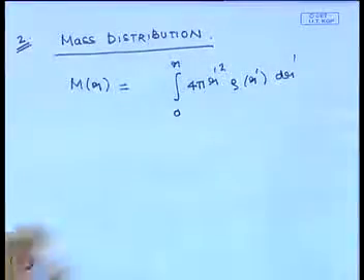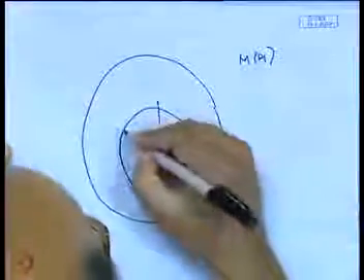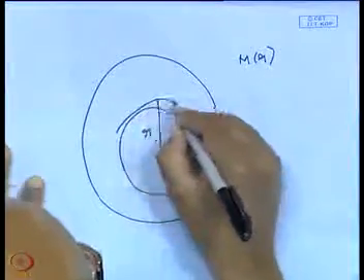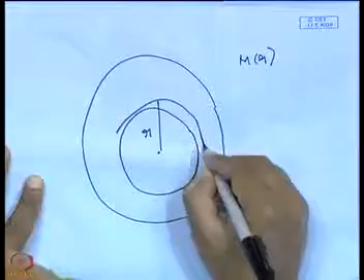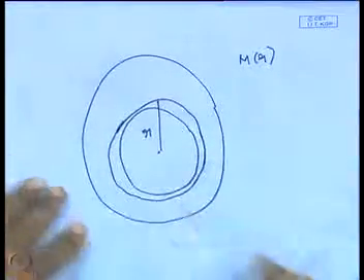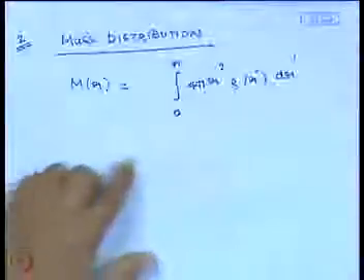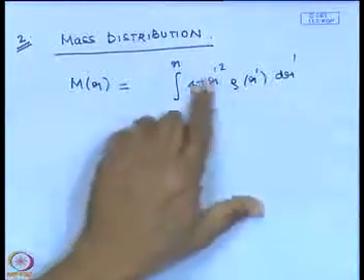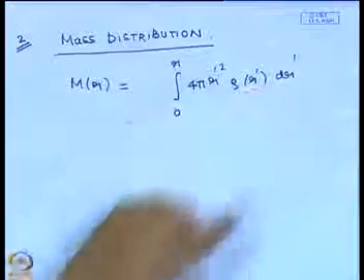So, what we are doing is we are considering shells like this. The thickness of such a shell is d r prime, and the mass inside that is 4 pi r prime square rho of r prime.